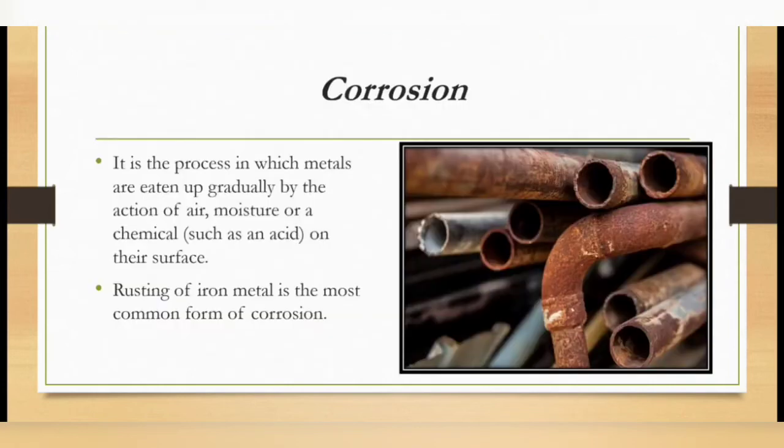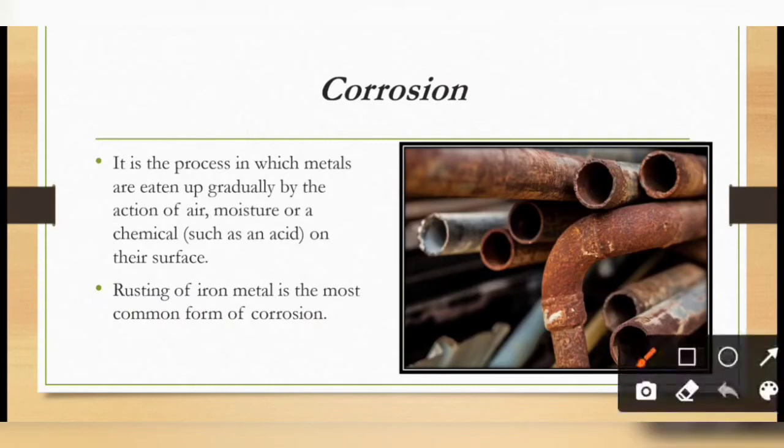Now we talk about the different processes that we come across in nature because of oxidation. There are some kinds of destruction, for example corrosion. In corrosion, the metal is gradually destroyed by the action of air, moisture, or any chemical on its surface. The most common example of corrosion is the rusting of iron.